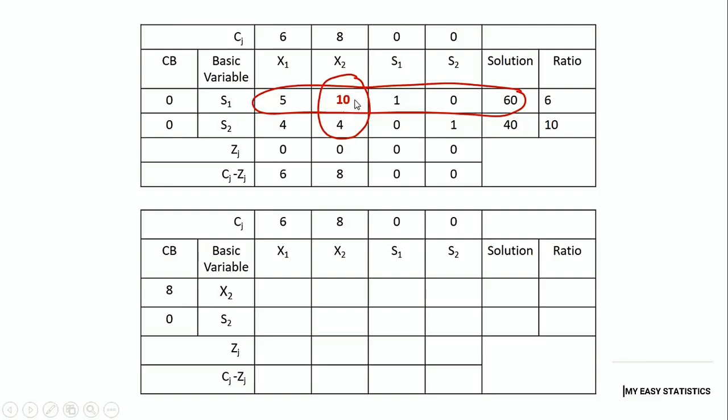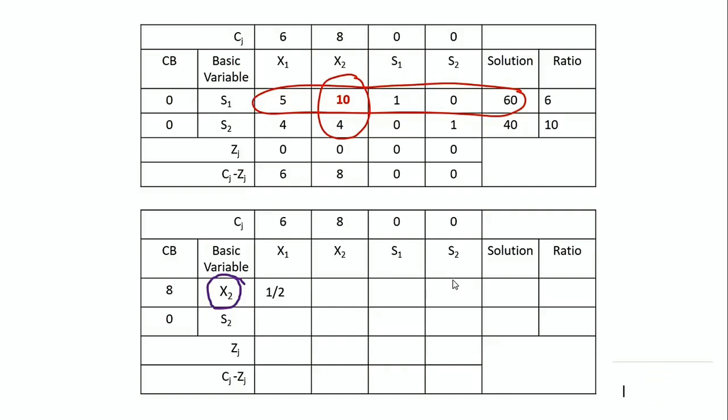The place this is 10 is called as key element, right? And this key element value need to be taken. To find the variables for x2, divide all the values by 10. Means 5 by 10 should be taken, 10 by 10, 1 by 10 and 0 by 10 will become the new values for x2 variable.